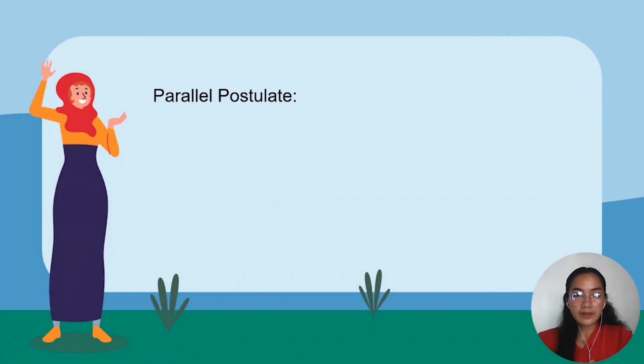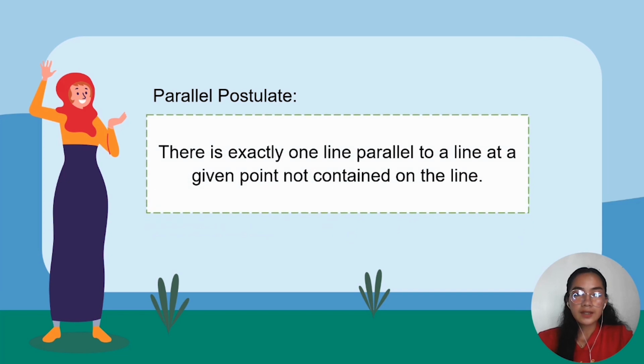Parallel postulate: there is exactly one line parallel to a line through a given point not on the line. So it means that our answer in the first example was correct. Let's proceed to another example.